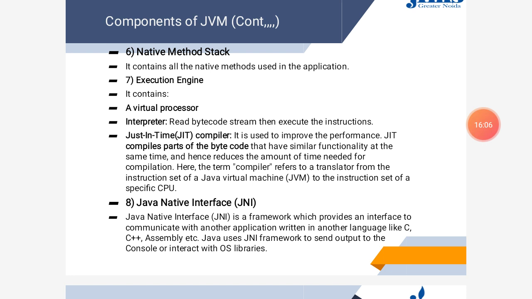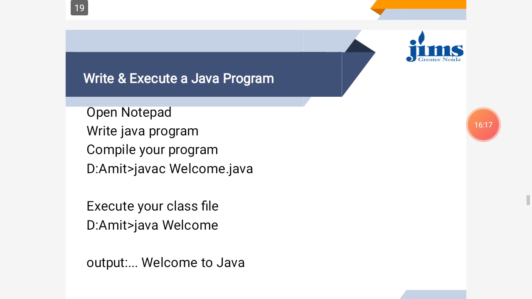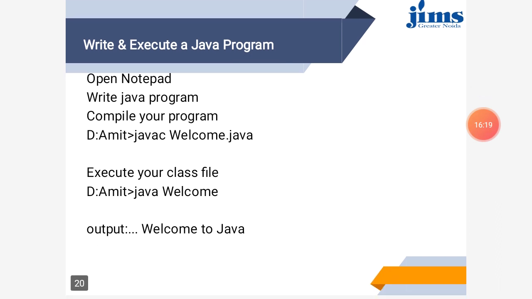Then there is Java native interface to run codes which are written in other languages, and it keeps OS libraries also. So what is the full process of writing any Java code? To write any Java code, first of all we install JDK, we set the Java home path and bin path in environment variable.